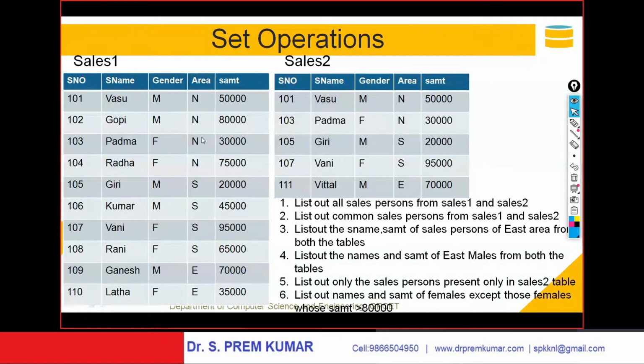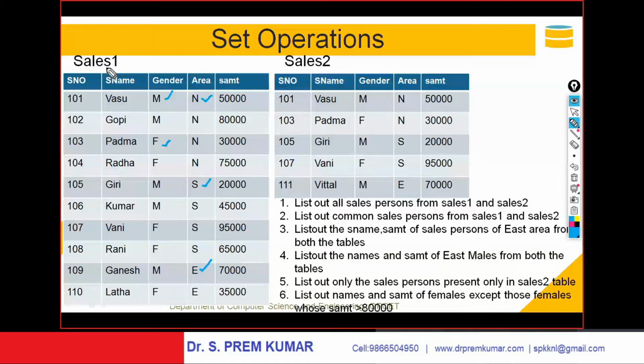These employees belong to north area, south area and east area, and there are both male and female employees. And these are the sales amounts done by these salespersons.